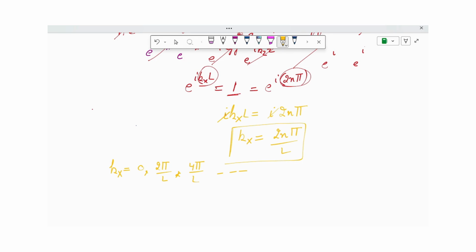Also, I would like to mention here that both positive as well as negative values should come. So we will be having plus minus. So these are the allowed values of the wave vector along the x-axis. Similarly, the allowed wave vector along the y-axis will also have the same values, and the same is for the z-axis.